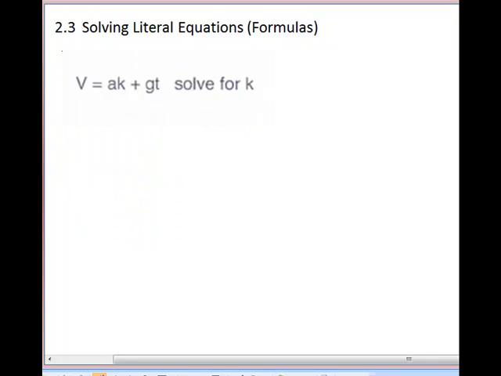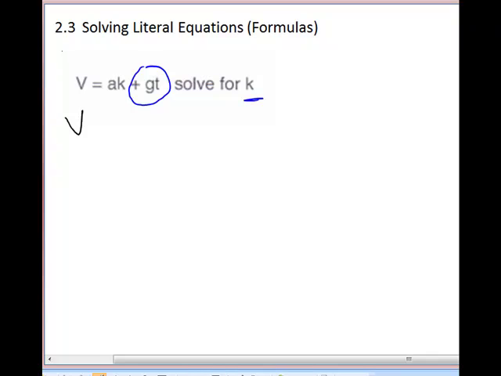I have one more from our handout to do. This one we are going to solve for K. Go on the side with K. Anything added or subtracted to the K should come off first, so we want to take off that GT. It is added to the K term, so we need to subtract it. V is what we had.